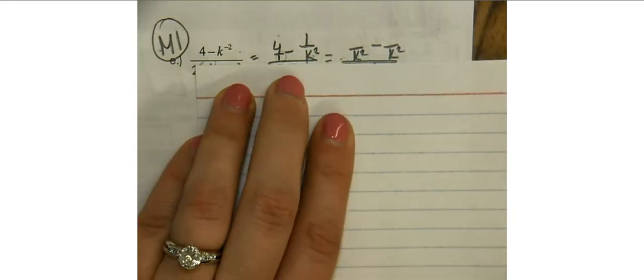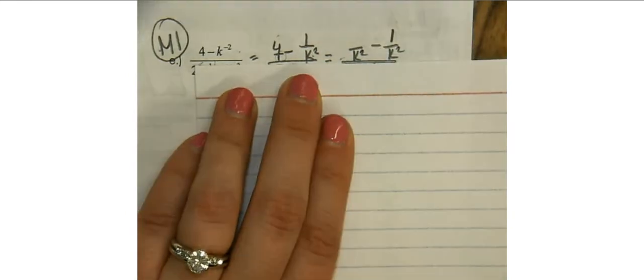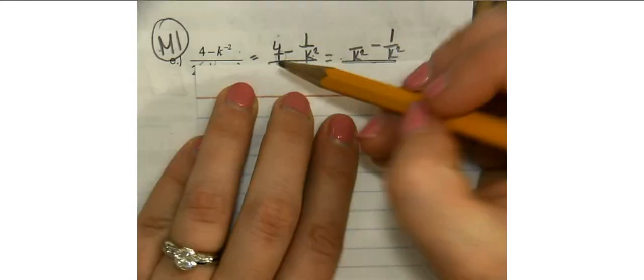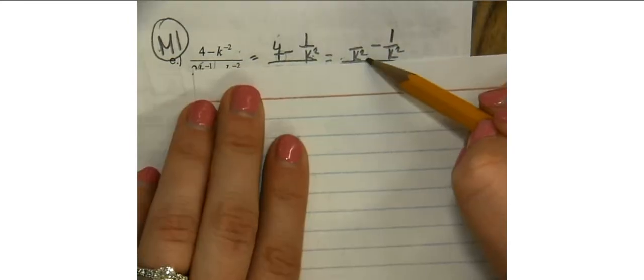So I'm going to write a little equal sign with the fraction bar. And my goal is to change both denominators to be k squared. Fortunately, the second fraction already has a k squared as a denominator, so I don't need to adjust it. But this first fraction needs to have a denominator of k squared.